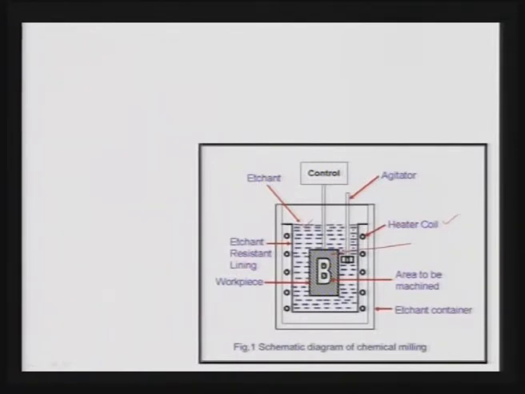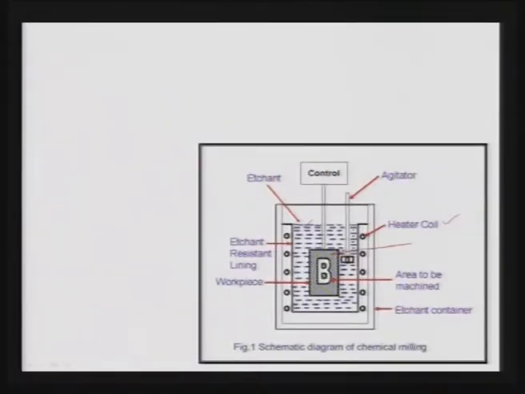Now, what happens when this material, say from the area B as shown in this particular figure, is dissolved, then it remains in the area surrounding B itself. As a result of that, the chemical reaction between the etchant and the workpiece reduces or becomes slow.